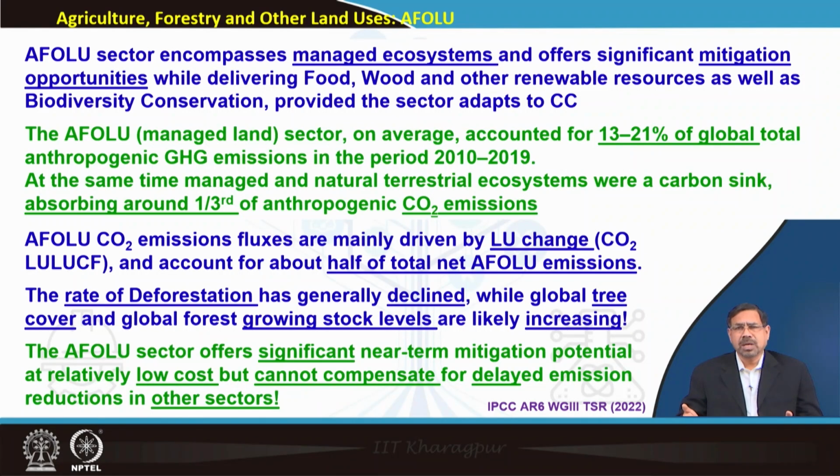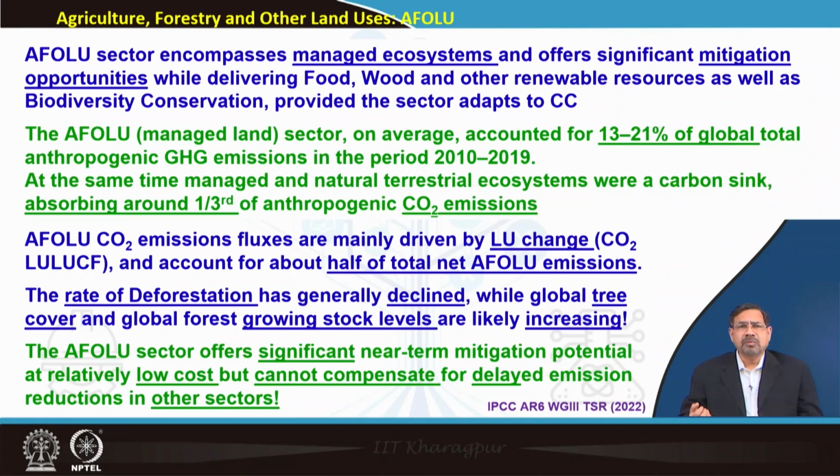So, it is good news, because if deforestation is decreased and the global growing stock level is increasing, then it is good news. That means we are sequestering more carbon dioxide, the vegetation is withdrawing more of the atmospheric carbon dioxide.